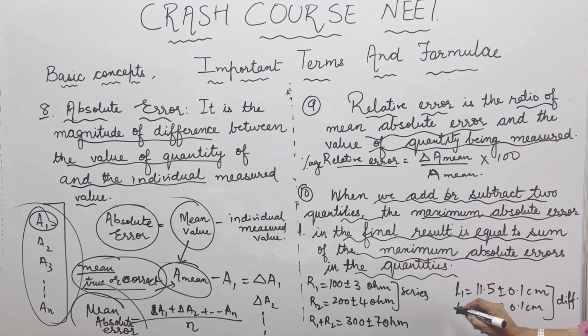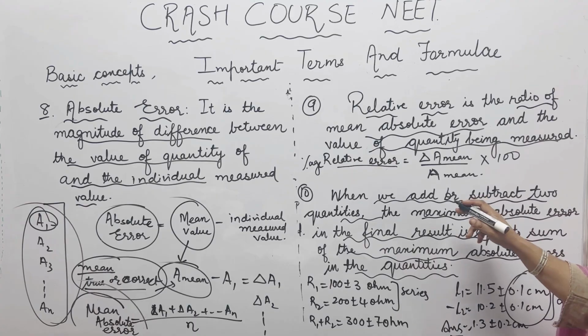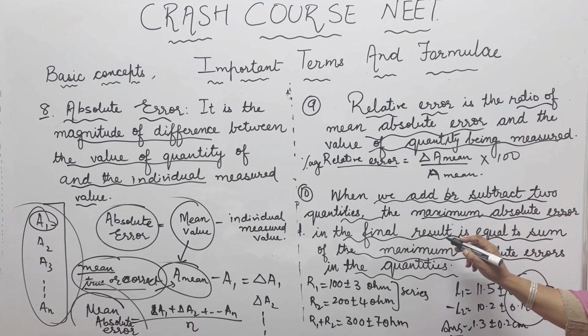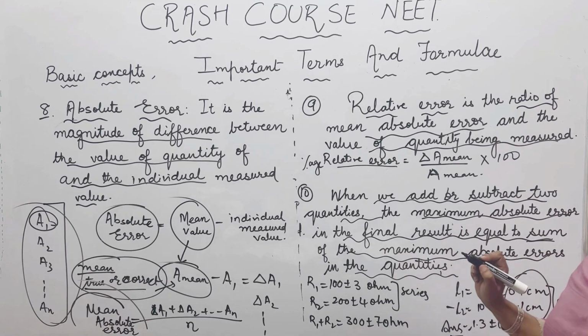Though we are taking subtraction, we are subtracting two of these things, but errors will be added. That will be 0.2 centimeter. So this will be the answer for this. So this is what is being mentioned in addition or subtraction: the result for the error is the sum of the absolute errors given in the quantities.